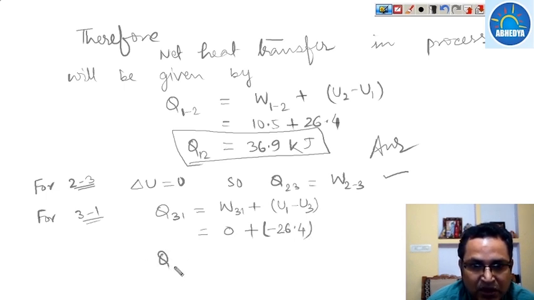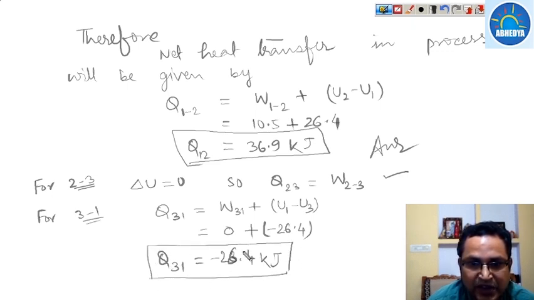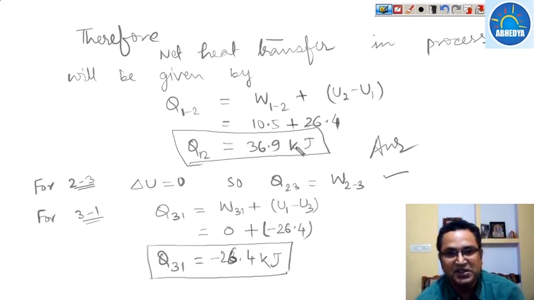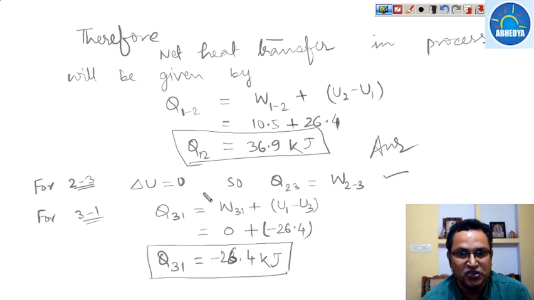So Q31 is minus 26.4 kilojoule. So this is the heat transfer through 3 to 1, that is, this much amount of heat is being liberated, and in Q12 this much amount of heat is consumed. And in this process, work done you will calculate U, so you will get Q23.